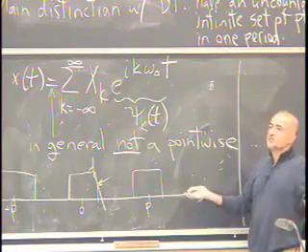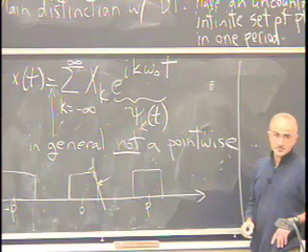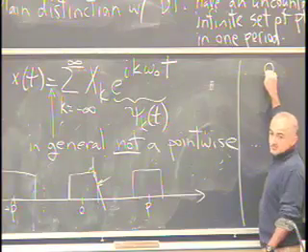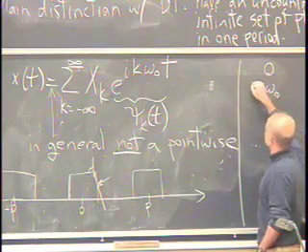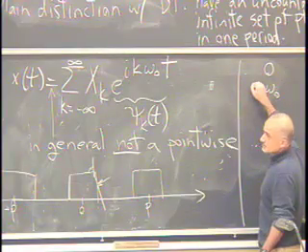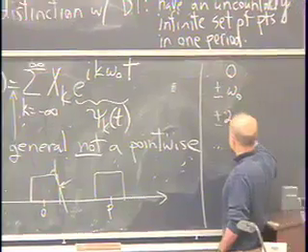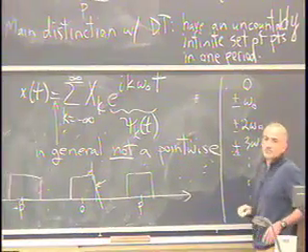What are the only frequencies that are present in these signals? 0, omega naught. What about the other side? Plus minus omega naught, plus minus 2 omega naught, plus minus 3 omega naught, all the way up.